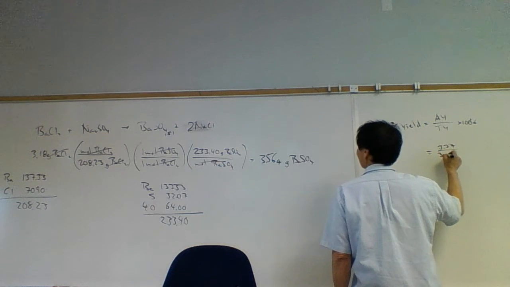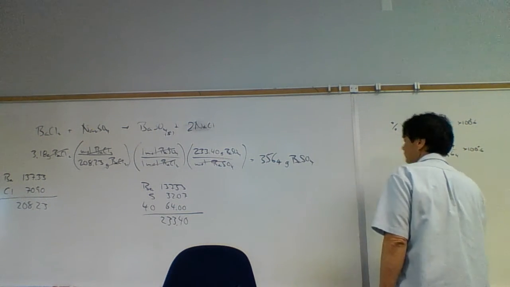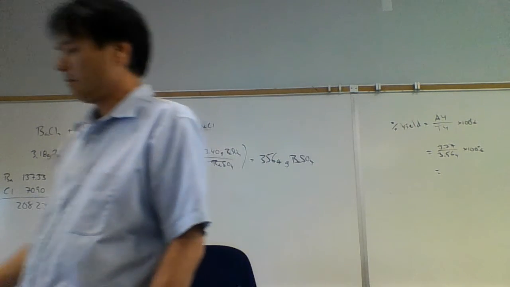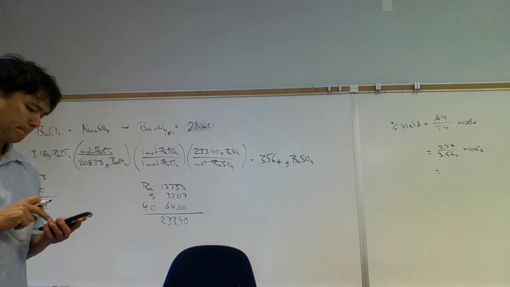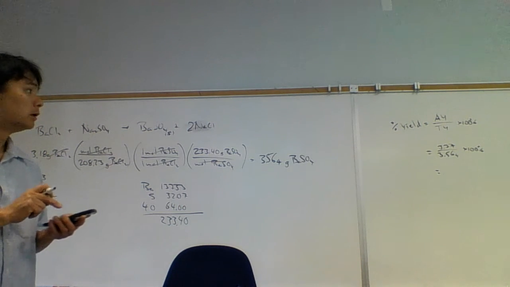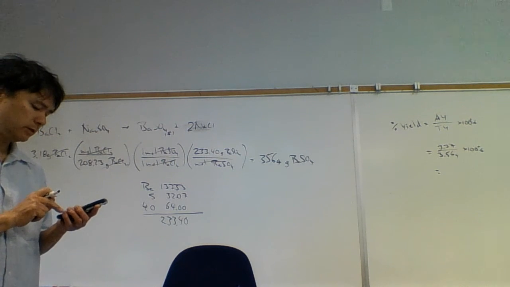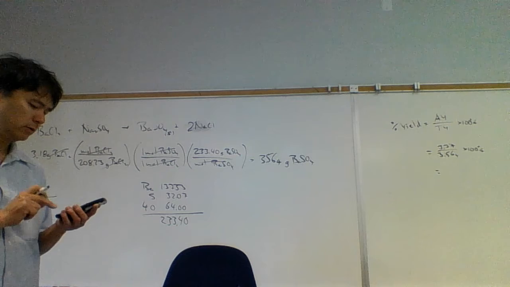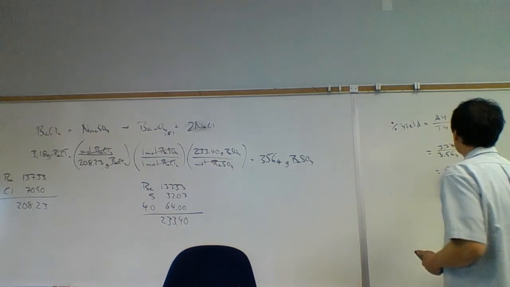Theoretical yield is 3.564 times 100%. So 3.37 divided by 3.564. I was going to just use the value in my calculator without clearing it. 94.55%.